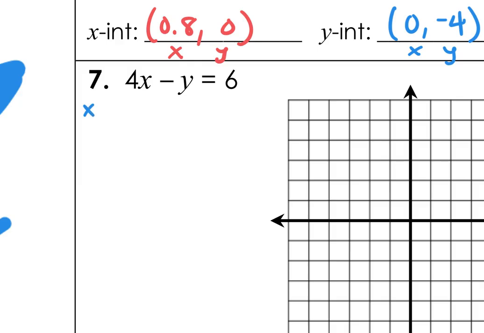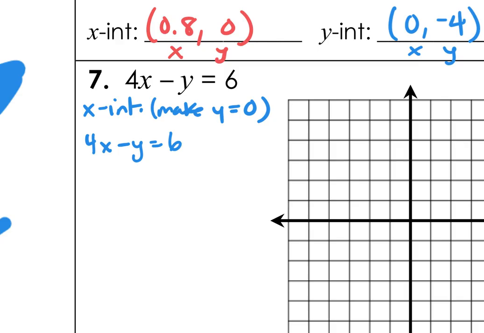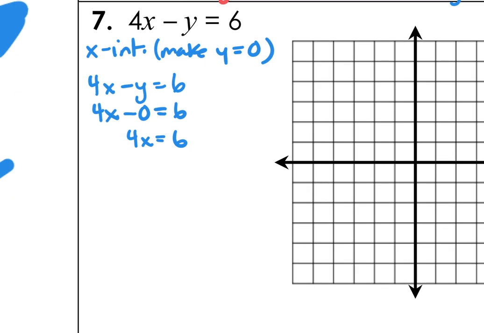So if I start and I need to find the x-intercept, all I'm going to do is make y equals 0. So 4x minus y equals 6. 4x minus 0 equals 6. That's just 4x equals 6. Solve it for x, guys. 6 divided by 4. Now, you could get the decimal, which is 1.5.